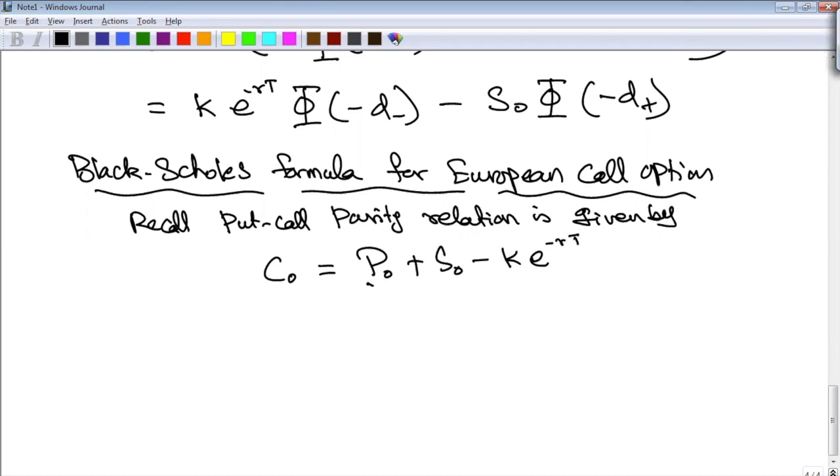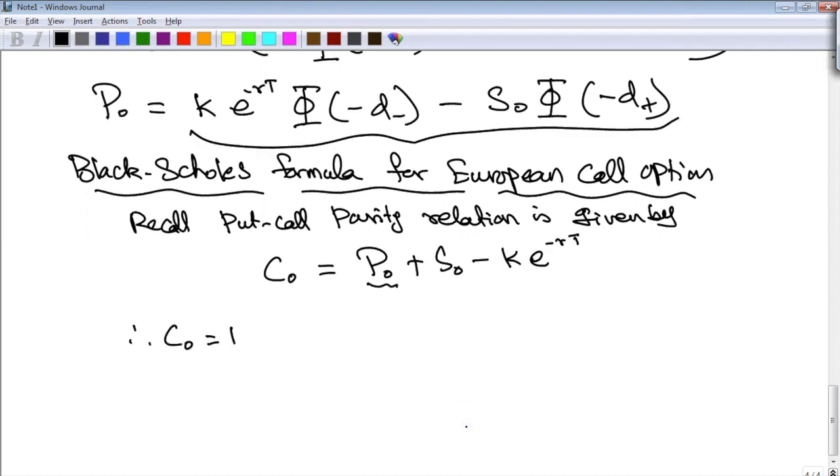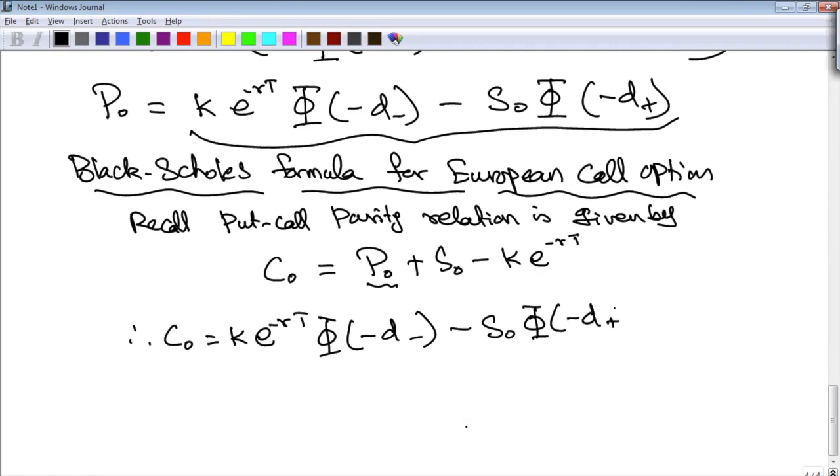Now we know what is P_0. It is given by this formula, and therefore C_0 is equal to K e^{minus rT} Φ of minus d minus minus S_0 Φ of minus d plus S_0 minus K into e^{minus rT}.